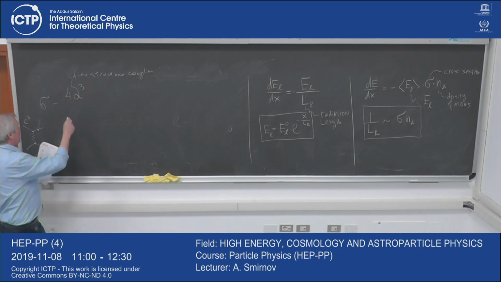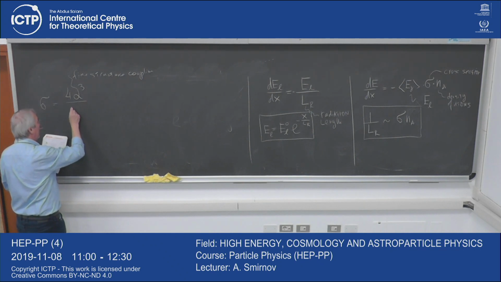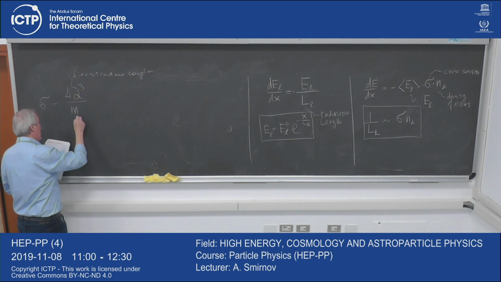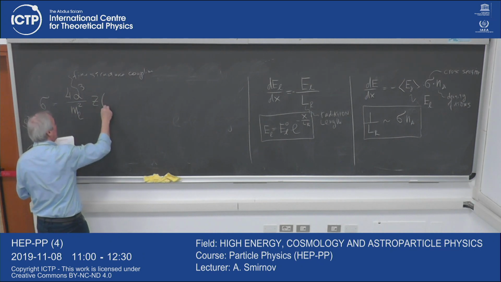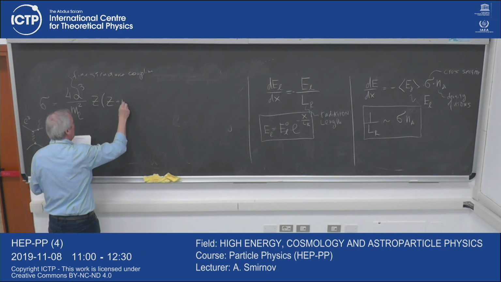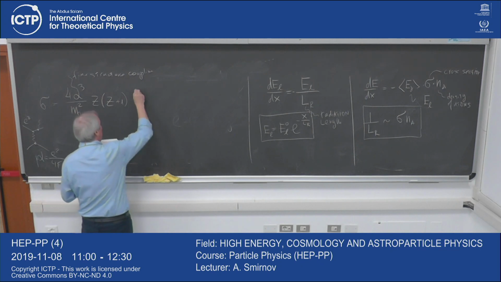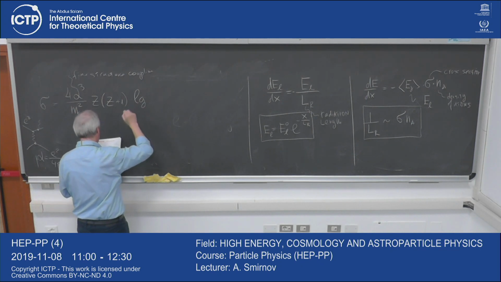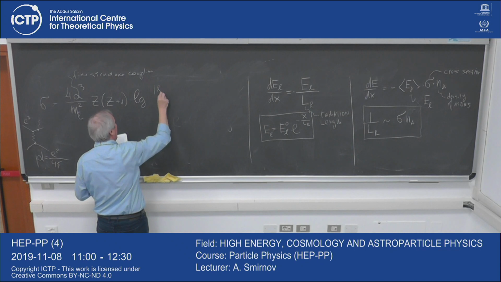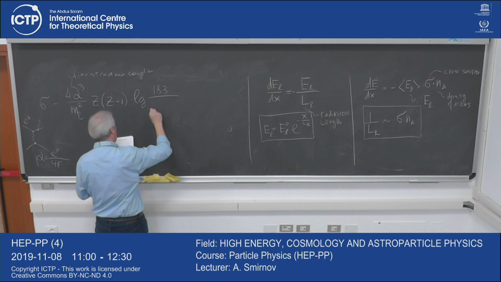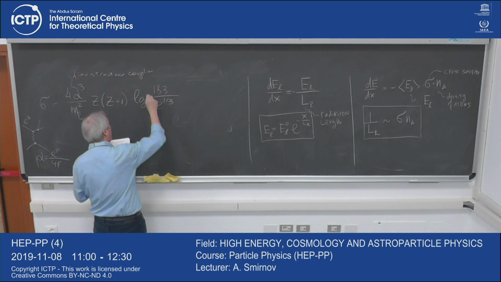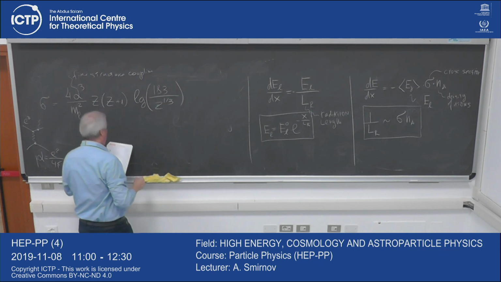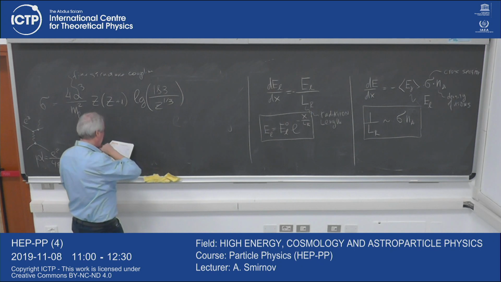Other factors are the following. 1 over m_l squared, Z times (Z plus 1), and a logarithm, 183 over Z to the 1/3. And this is the so-called screening factor.